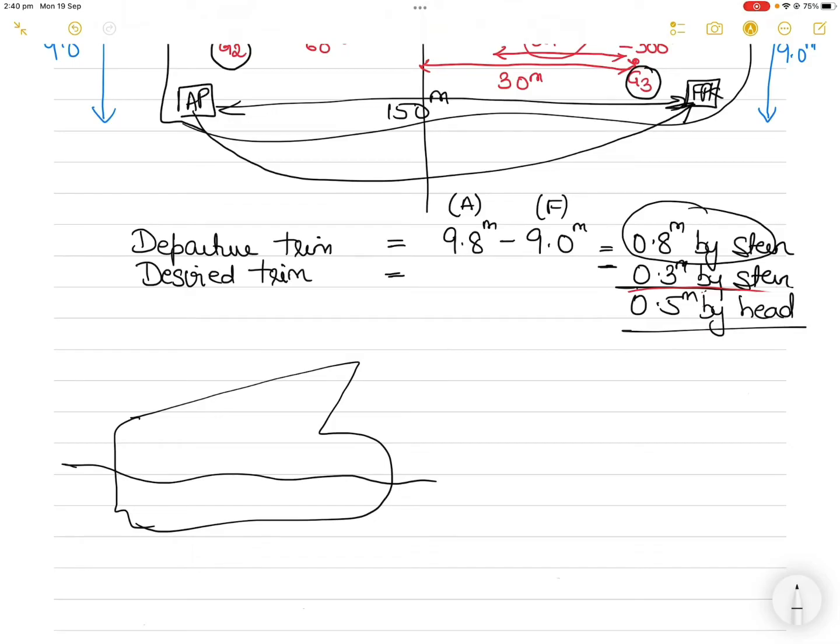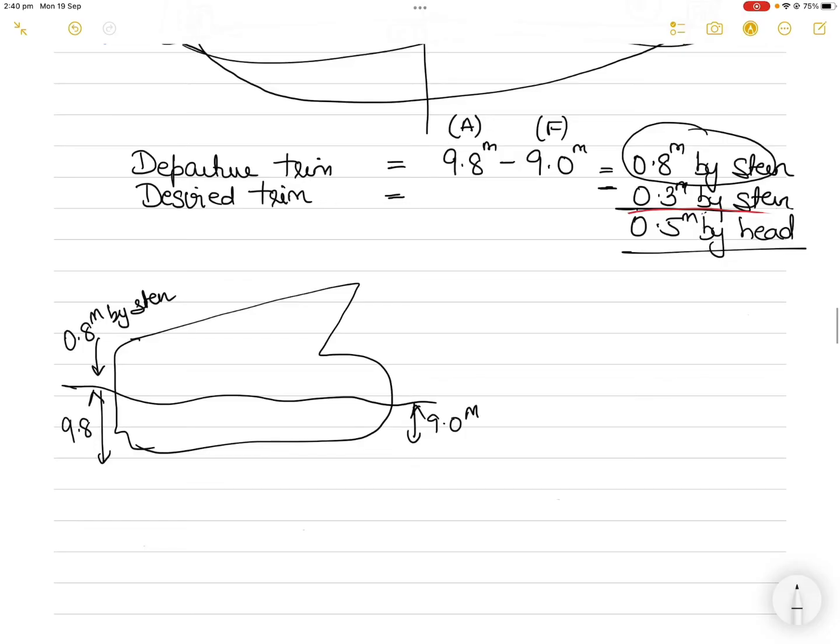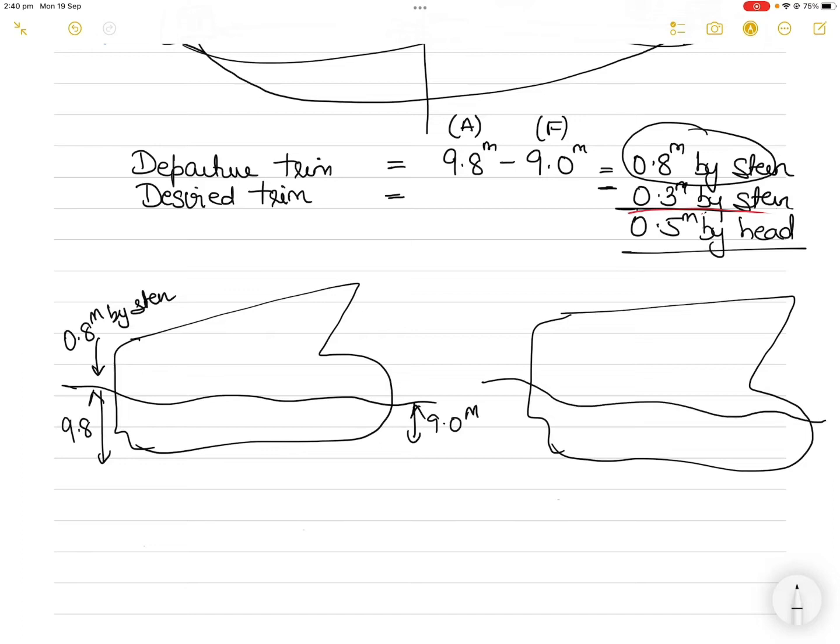Your vessel was 0.8 meters by stern, but after all the loading and shifting operations, the desired trim is nothing but 0.3 meters. So the difference between the forward and aft draft becomes much lesser. I should maybe draw it like this.